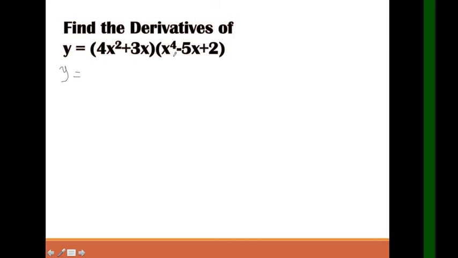So, kapag pinag-multiply ko yan, ang makukuha kong answer is 4x raised to 6, minus 20x cubed plus 8x squared plus 3x raised to 5 minus 15x squared plus 6x.